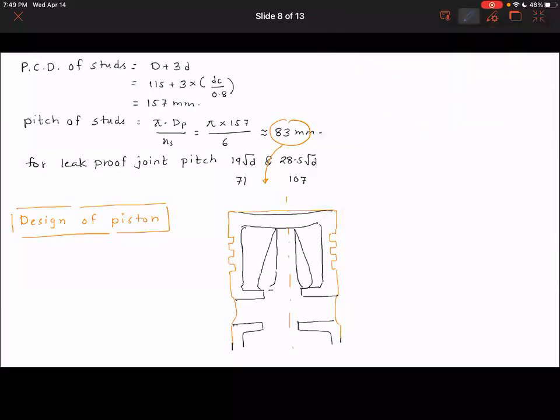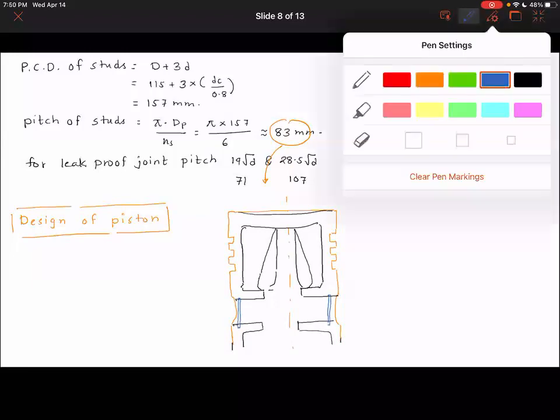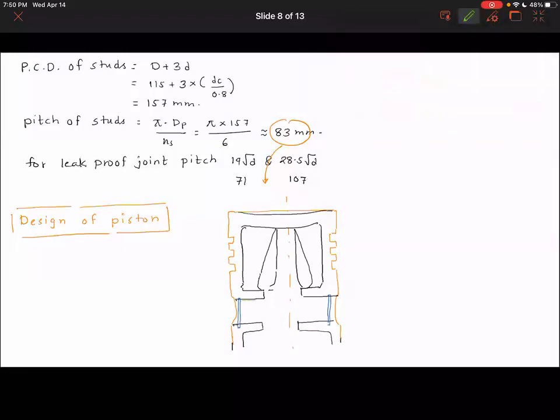And this is where you have the circlip and the piston pin actually sits here. So this is the piston pin.